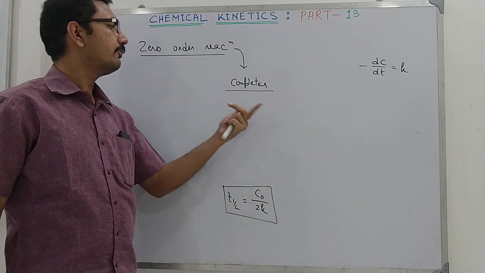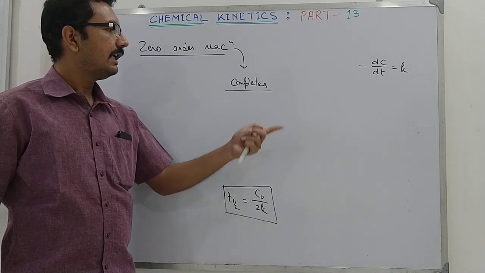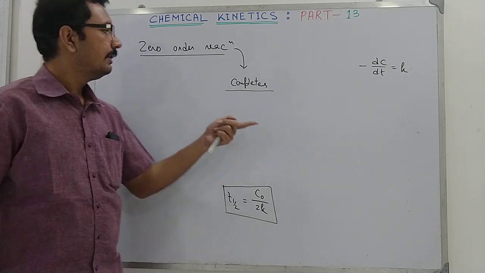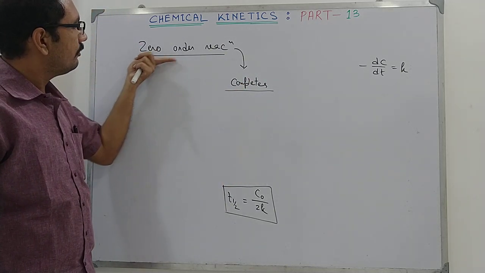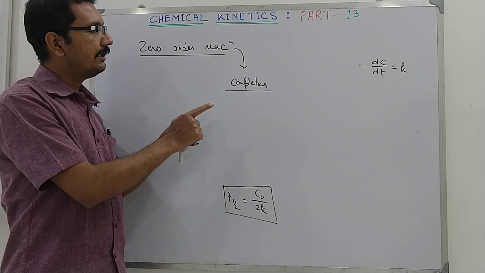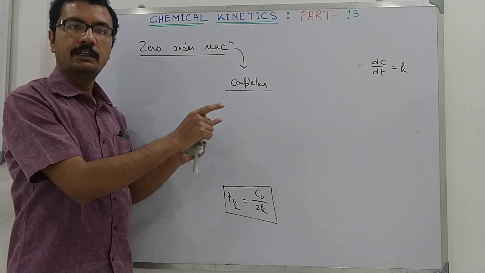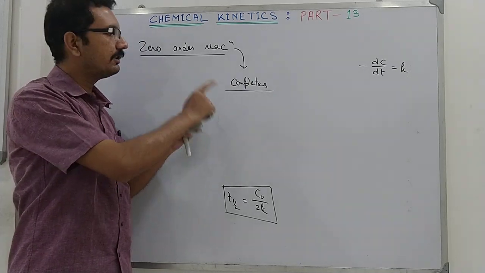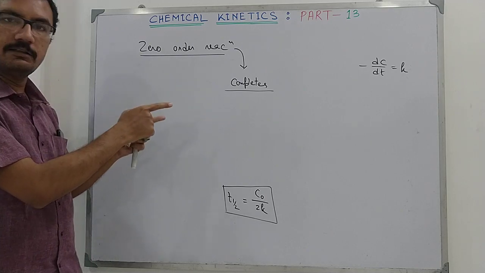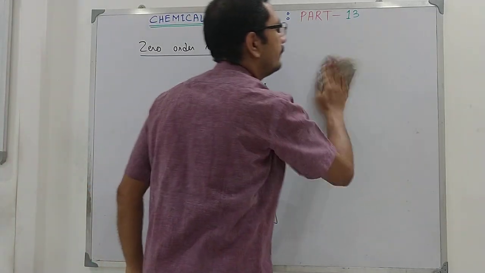So if a reaction completes in infinite time, that actually means that it will never complete. But here we see that the zero order reaction completes. So one may ask that if it completes, then a finite time will be required for the completion. So what is that time? Can you find it? Yes, we can.